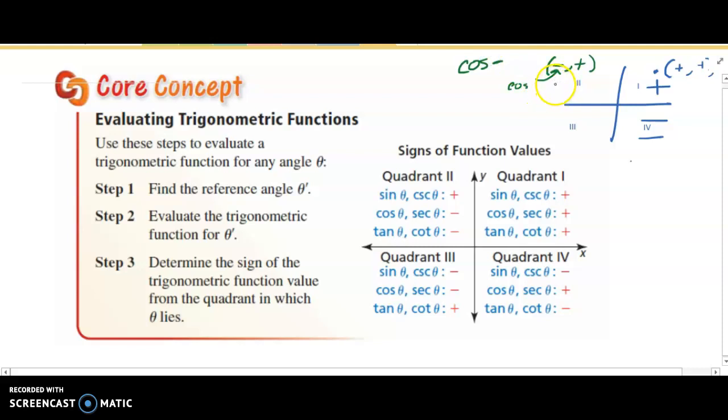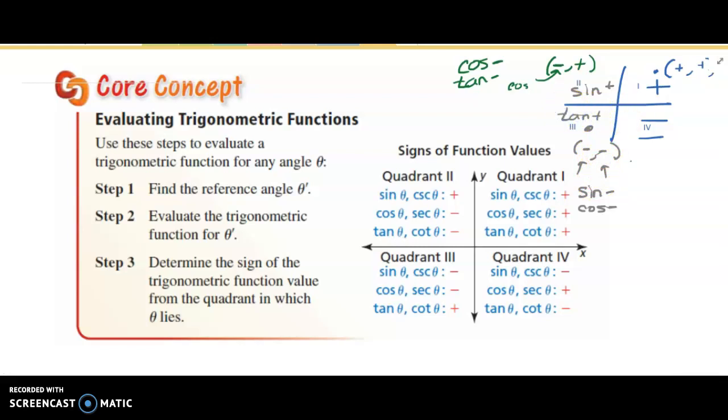Remember, tangent is sine over cosine, so if sine is positive and cosine is negative, my tangent's going to be negative too. If I have a point down here, I have a negative x value and a negative y value, so both my sine and my cosine are negative. And if my tangent is sine over cosine, I have a negative over a negative, so my tangent would be positive.